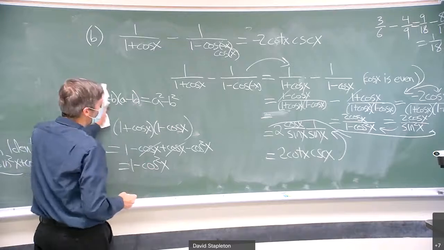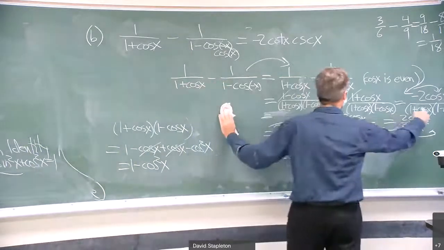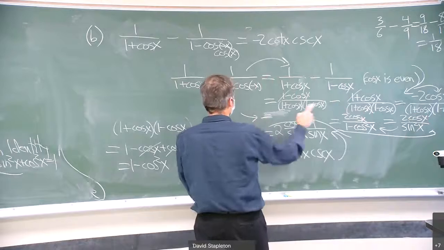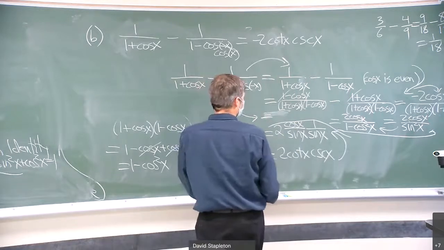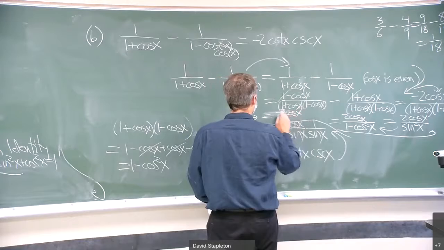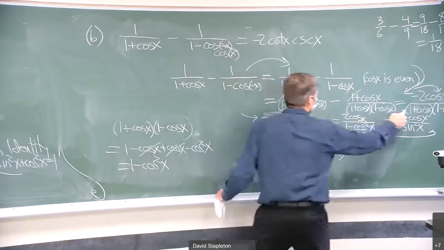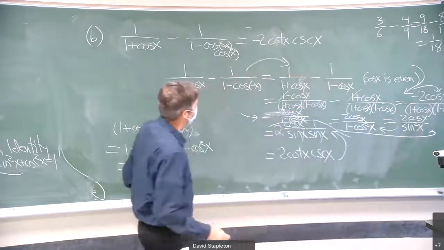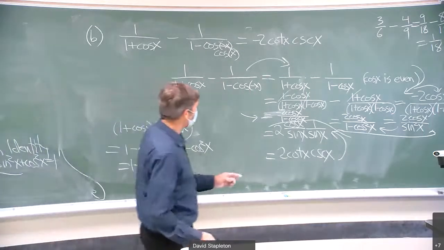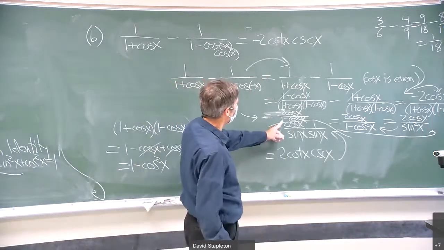And when I multiply this 1 plus cosine x times 1 minus cosine x, I can't put another arrow here, but it comes down from the last line. I'll write this as minus 2 cosine x over 1 minus cosine squared x, because that's how the bottom foils. And now I see it, right? Oops, except for a minus sign. I'm off by a minus sign.